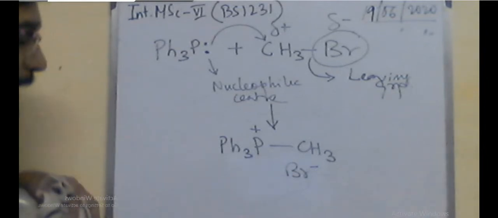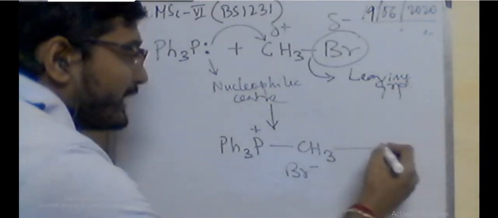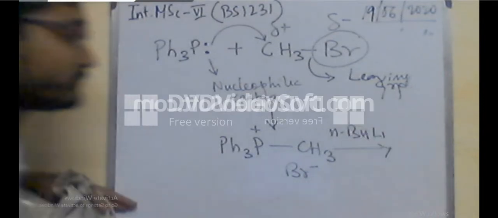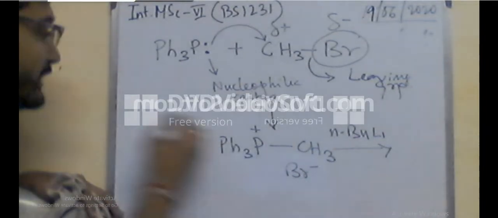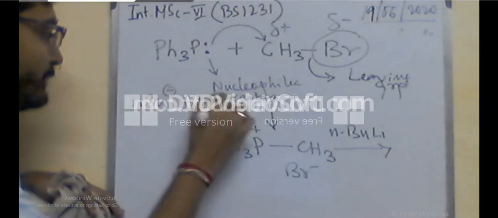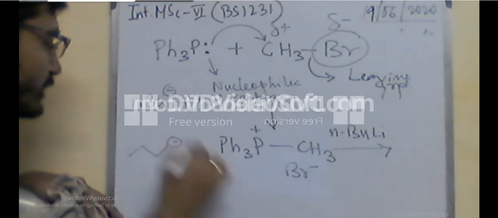After its formation, to generate the ylide, that is the phosphylide, you have to use a strong base. The base generally used is n-butyl lithium, that is n-Bu minus Li plus, a simple butyl group and lithium plus.